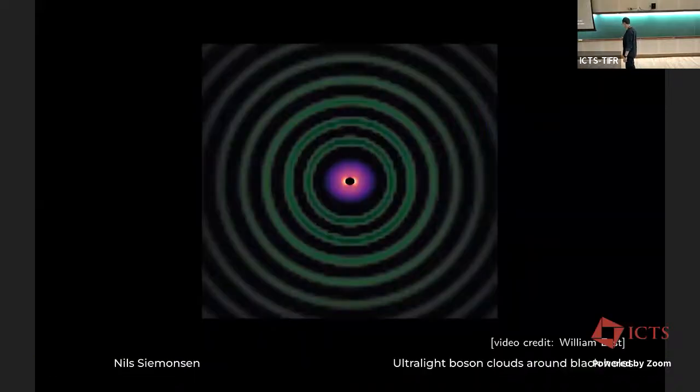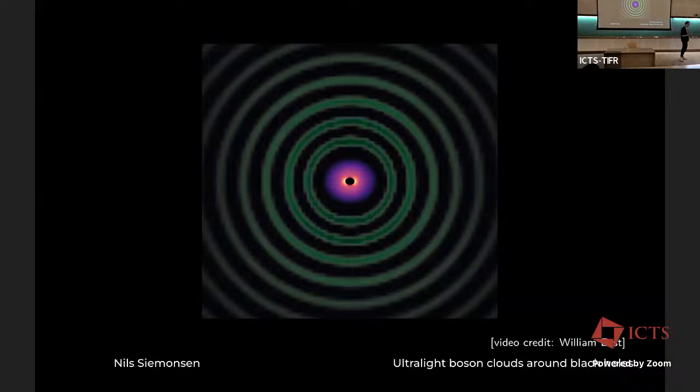So now we have this cloud that sits around the black hole, that extracted a large amount of energy, and it turns out that this cloud is oscillating around the black hole. So we have some time-dependent quadrupole, something with a lot of mass that can oscillate, and so it will emit gravitational waves.